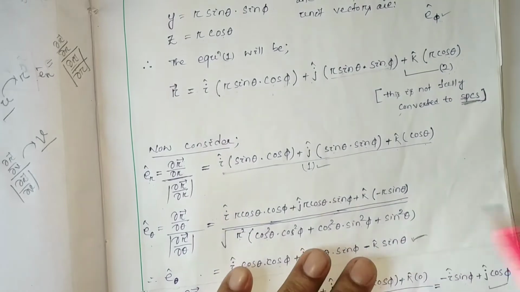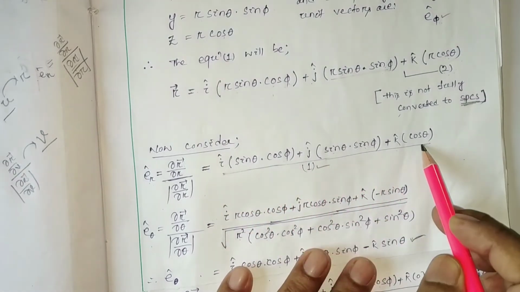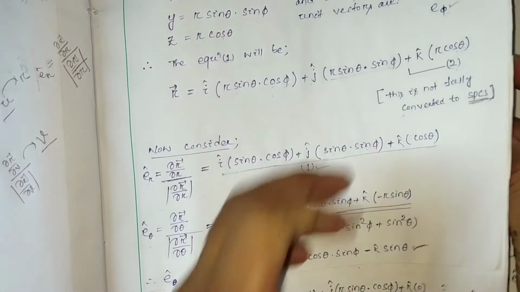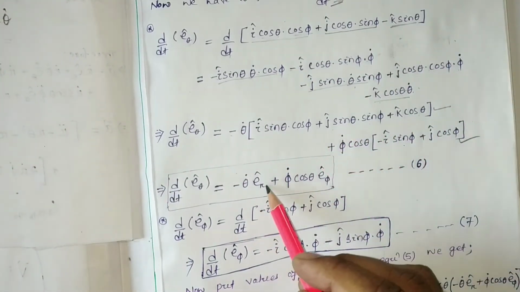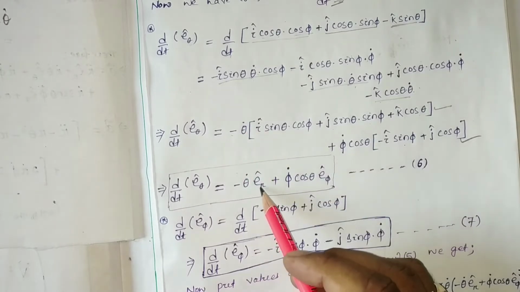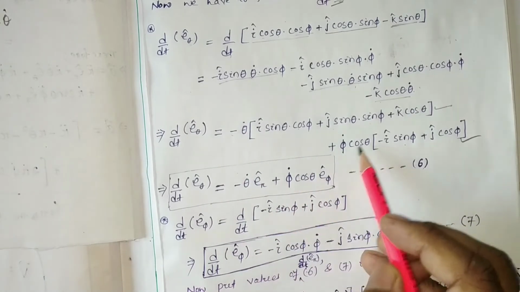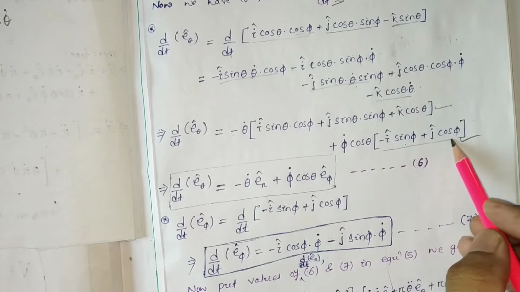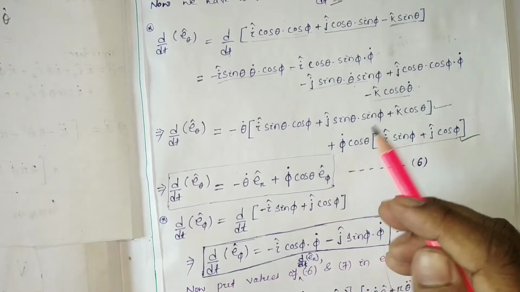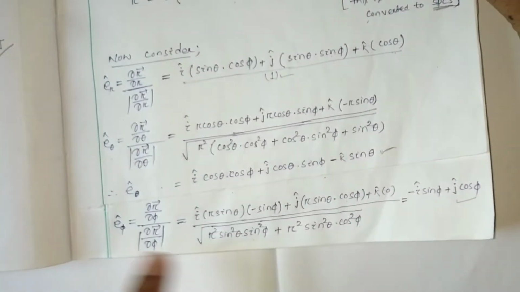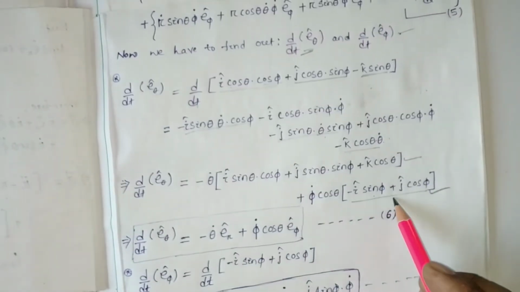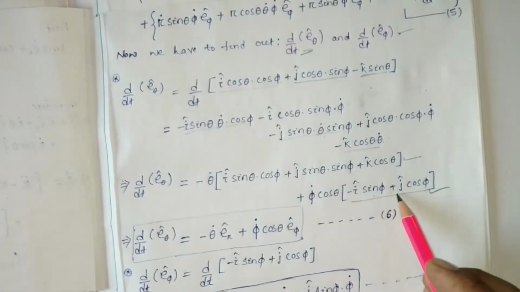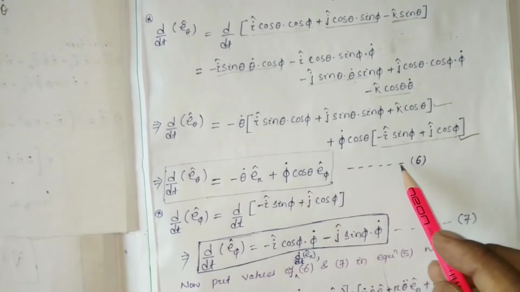So instead of this we can write e r cap, right? So minus theta dot e r cap, and phi dot cos theta, and this much is nothing but e phi cap. Already we found e phi cap is minus I cap sin phi plus j cap cos phi. So minus I cap sin phi plus j cap cos phi can be written as e phi cap.